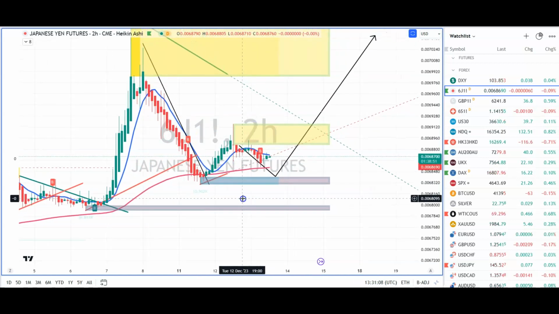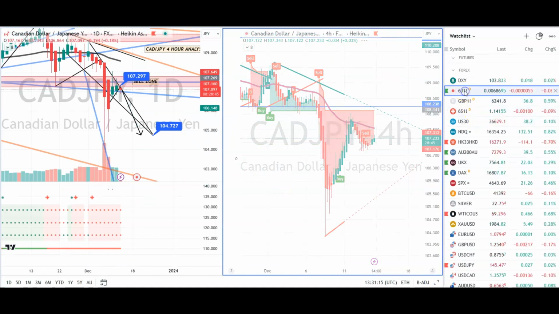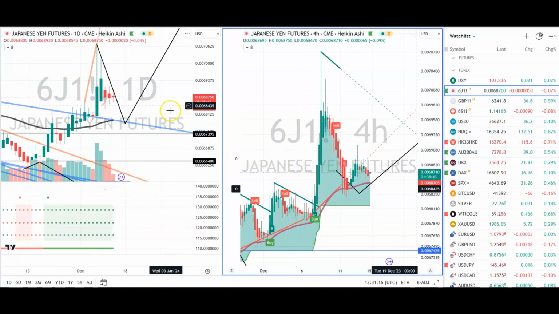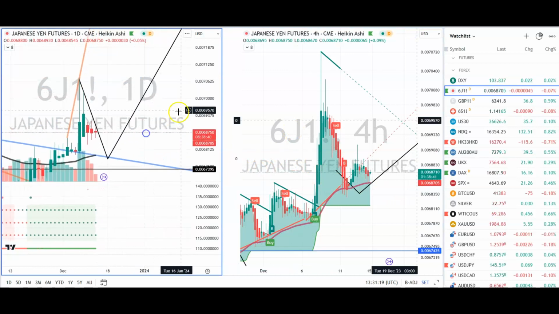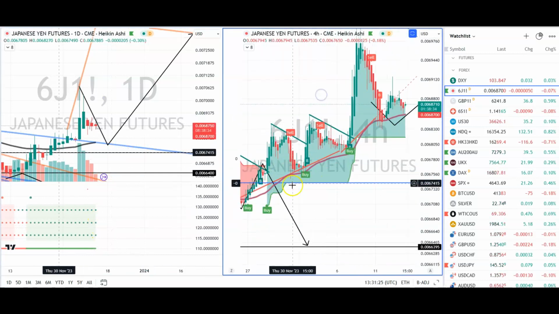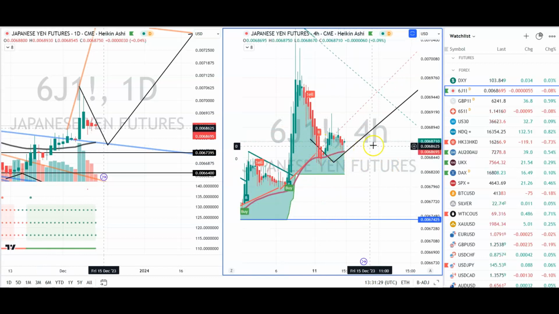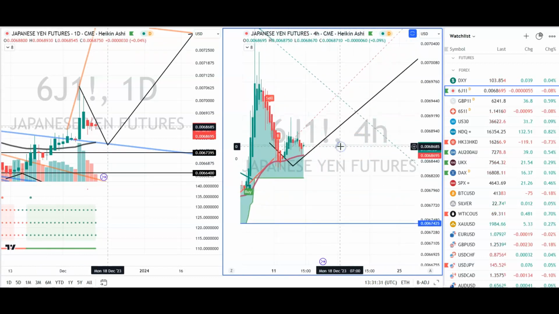So the yens are getting set up to go short. If we have a look at the yen futures here, we can see that all the buyers are in and the price is going to go up. We had a change of character a few days ago, and therefore the chances of it going up are very, very high indeed. Now we're making a lot of money on the yens.